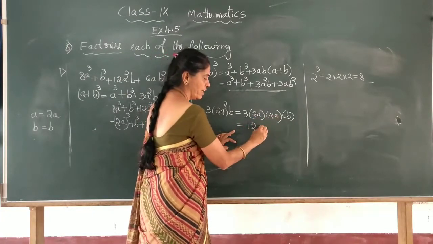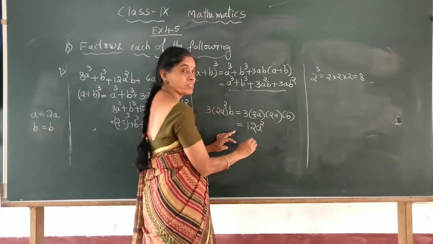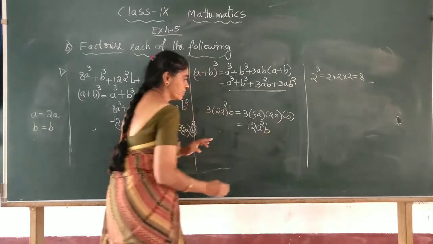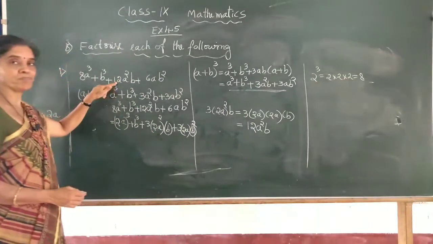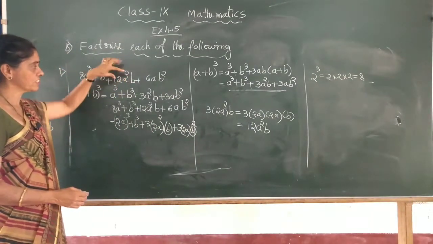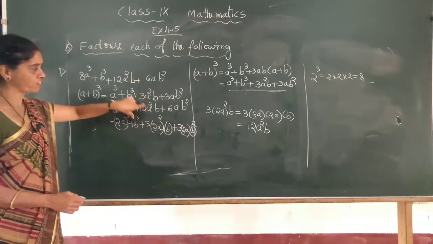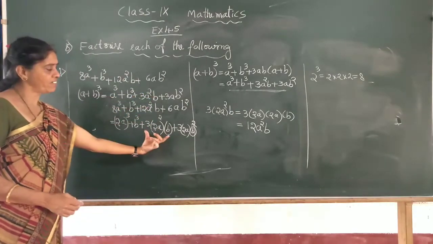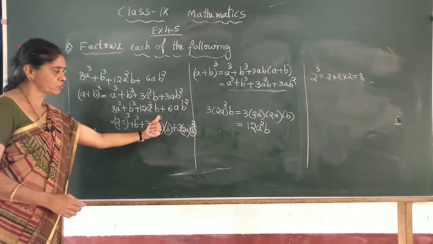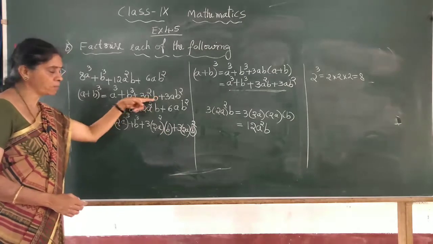Then a into a is a square, and into b. See, it is there in the given problem, 12a square b. So this 12a square b I wrote in the form of 3a square b. I will get this one, 3a square b, so I wrote in the same pattern.